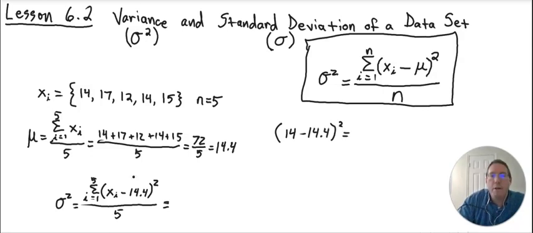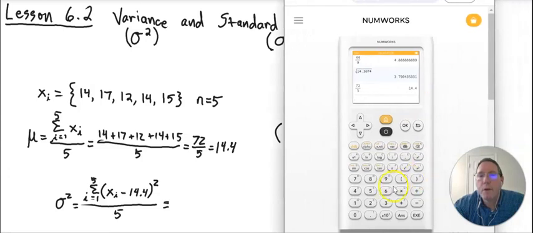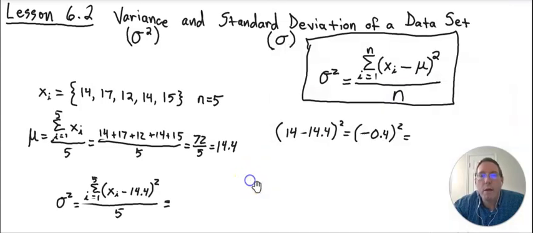Well, 14 minus 14.4 is negative 0.4 squared, and we can do that in the calculator. So I'm going to use the calculator instead of my head. We're going to do parenthesis, negative 0.4, close parenthesis, then square it, and it's 0.16, okay?